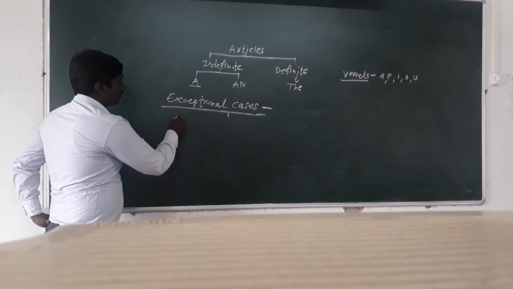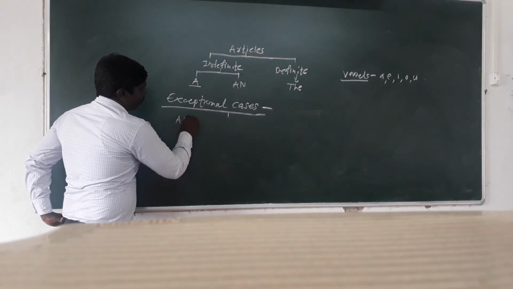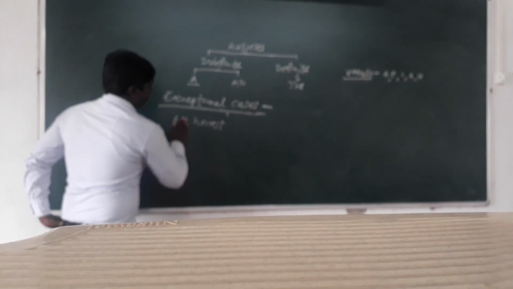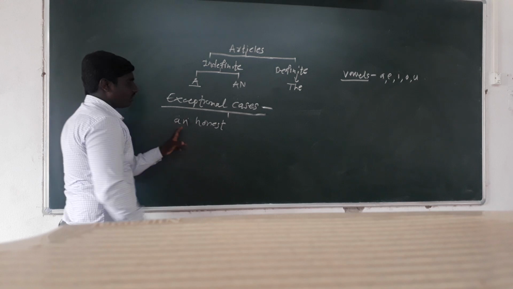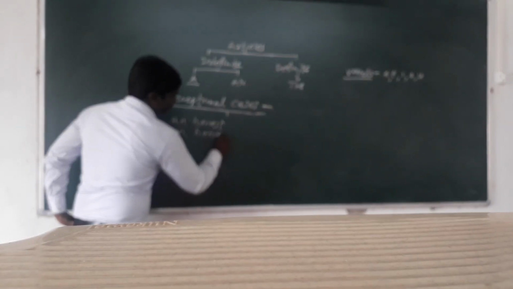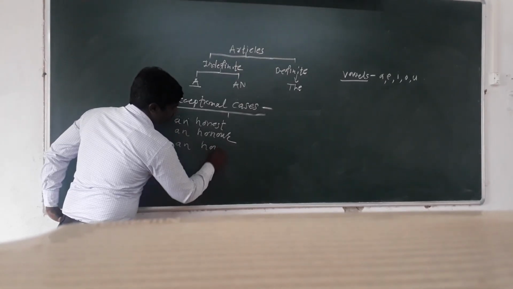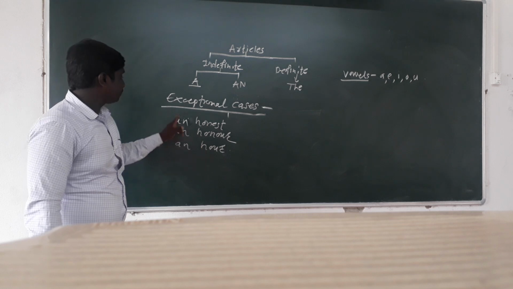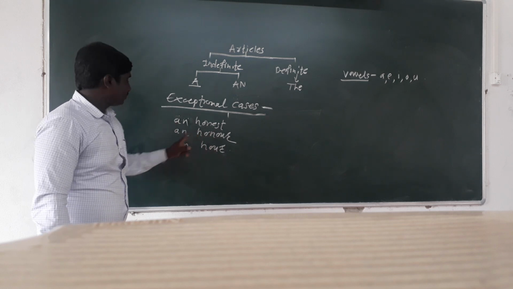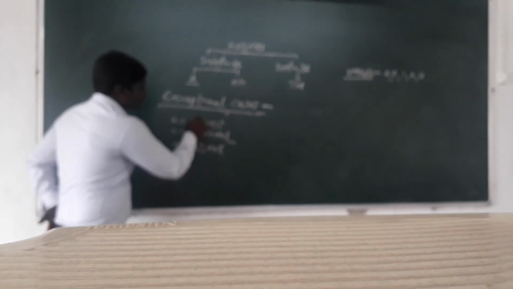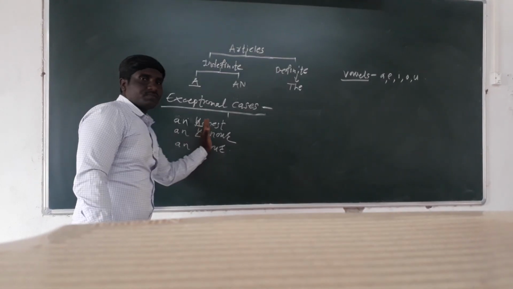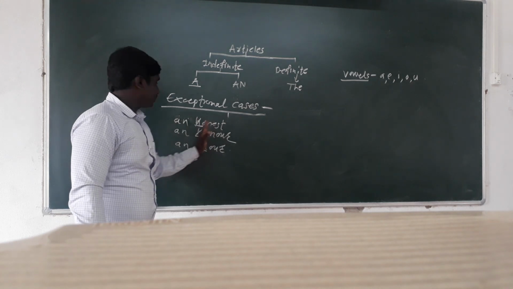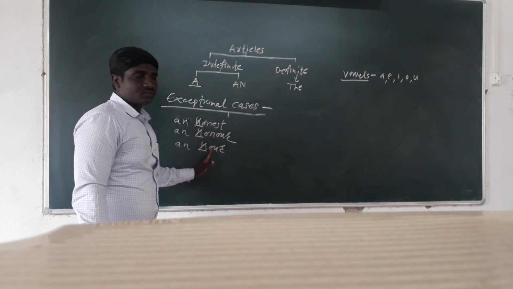For example, an honest, an honor, an hour. These begin with the consonant H, but here H becomes silent and we pronounce from the O. So it means what?